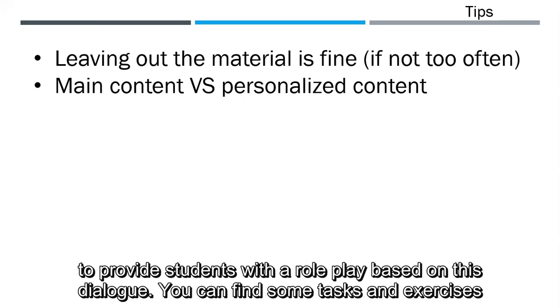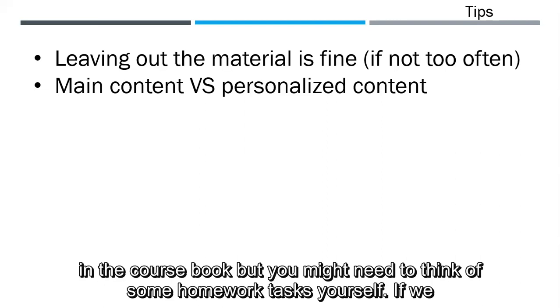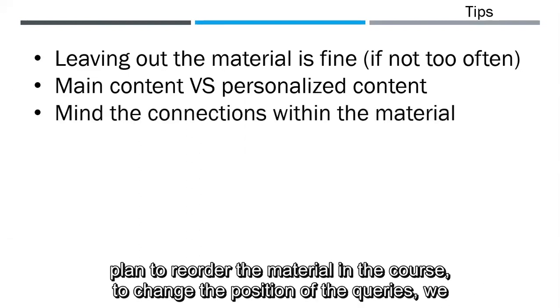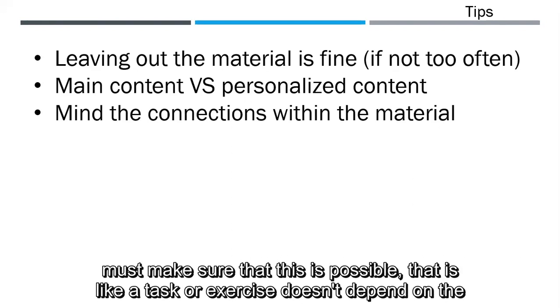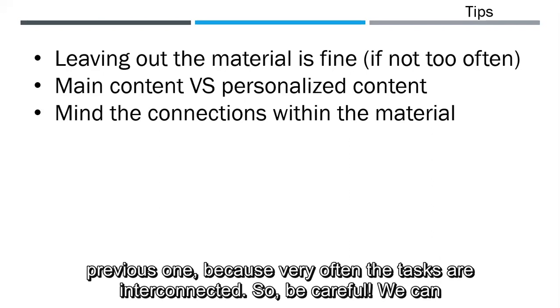You can find some tasks and exercises in the course book, but you might need to think of some homework tasks yourself, right? Okay. If we plan to reorder the material in the course book, to change the position of the activities, we must make sure that this is possible. That is, a task or exercise doesn't depend on the previous one, because very often the tasks are interconnected, so be careful.